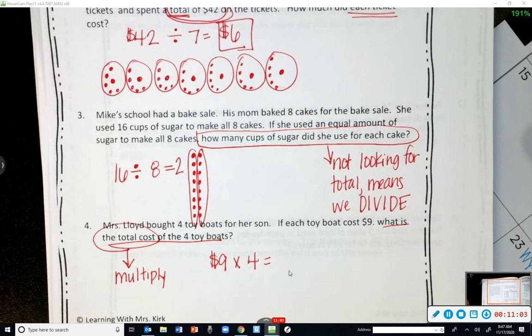Okay, so you pretty much counted or added all of the 9 groups of 4. Is that what you did? And I got 35.